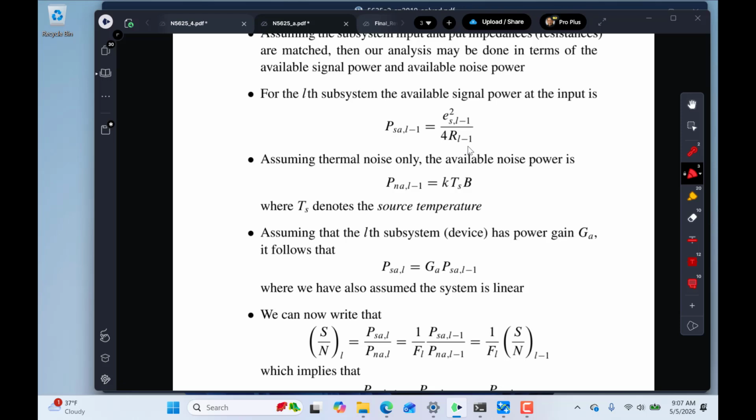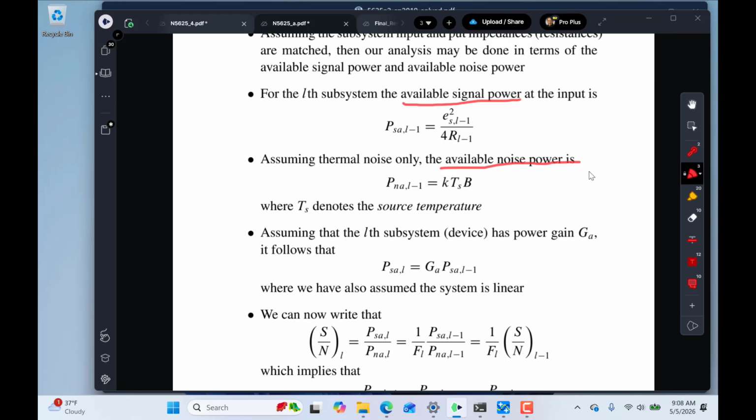So the available signal power at the input is the voltage squared over 4 times R, and that's our maximum power transfer formula again. Then, here we're talking about the available signal power, so now we're going to talk about the available noise power that goes along with it, which is going to be k T_S times B, where T_S is the source temperature.